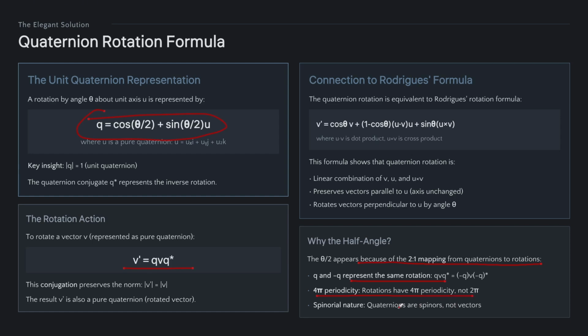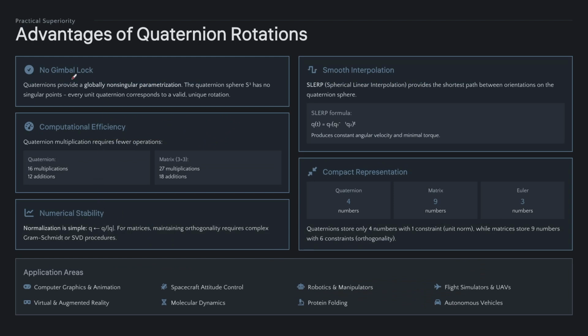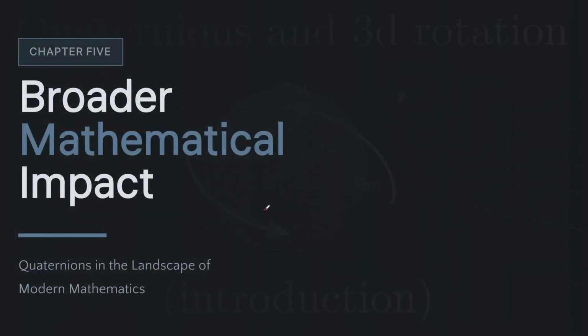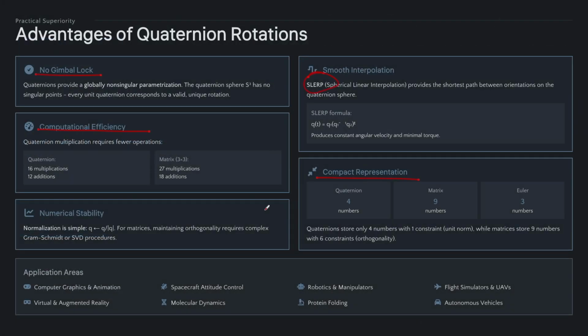And the advantages include no gimbal lock, computational efficiency, smooth interpolation via slerp, compact representation. And quaternions are used today in computer graphics, robotics, spacecraft control, VR and AR, and molecular dynamics.